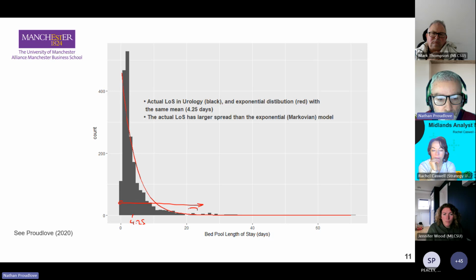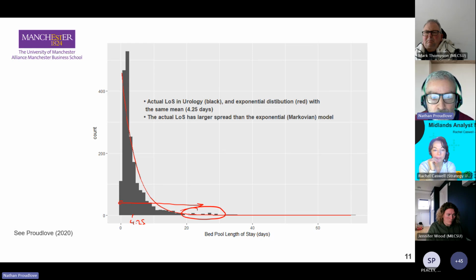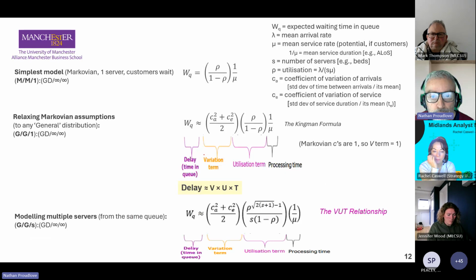We've got some long length of stays out here. We can, of course, do stats and maths to say just how good or bad that goodness of fit is. But we can see that the variation doesn't fit the models that well. It's also inflexible because the models make that assumption and stick with it.